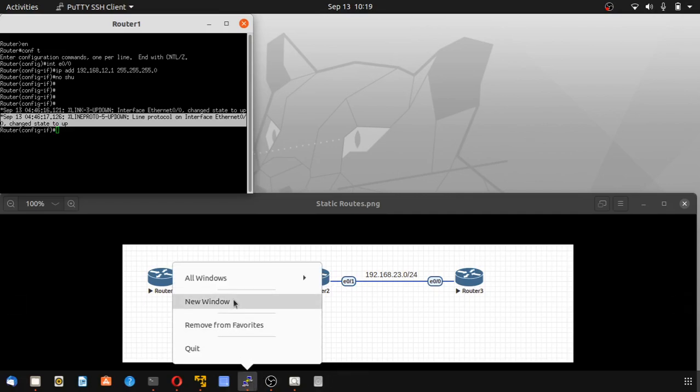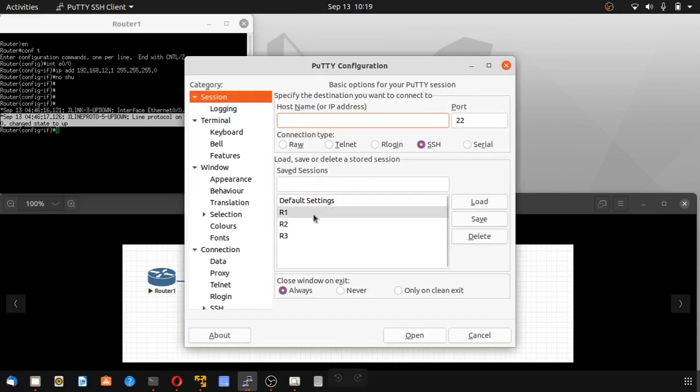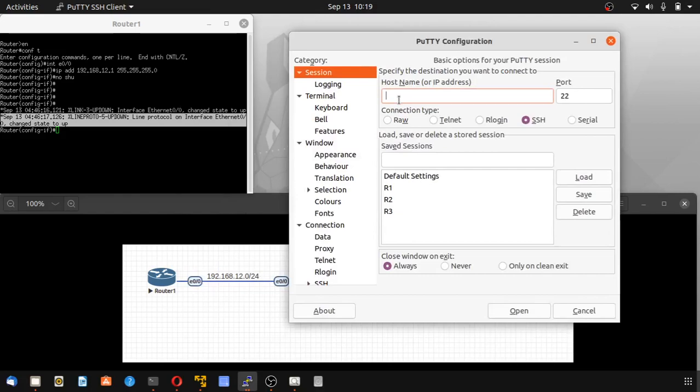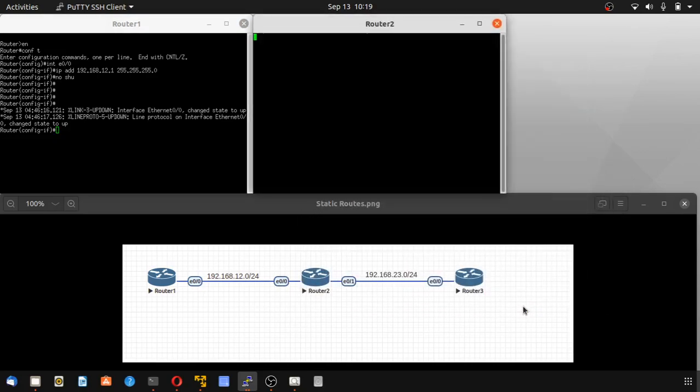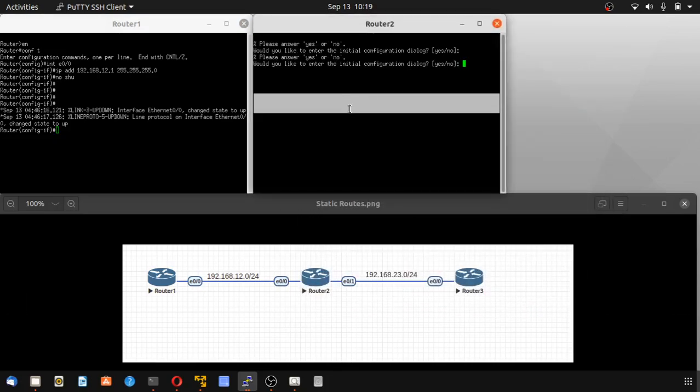I'm just opening PuTTY to see my router's IP address, which is this, and I'm using this port number with telnet. Let's boot it up. Yes.